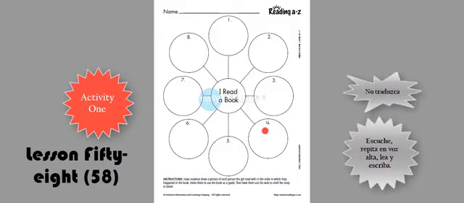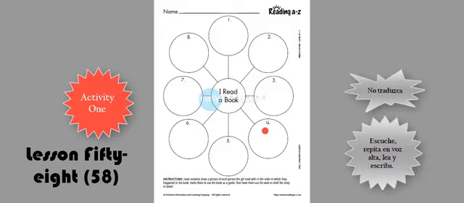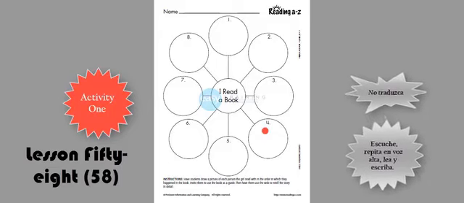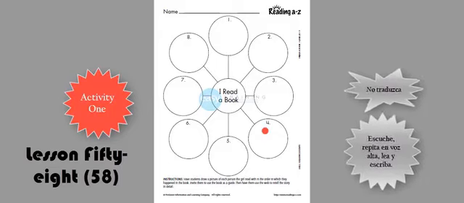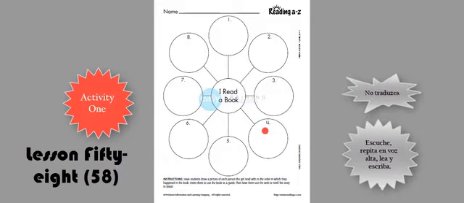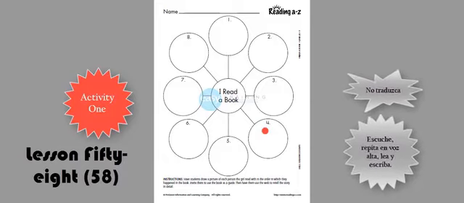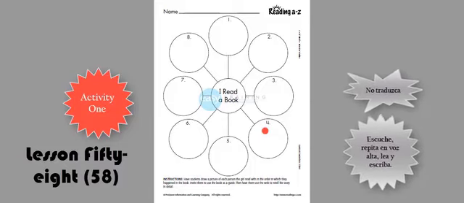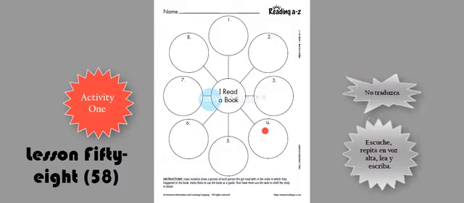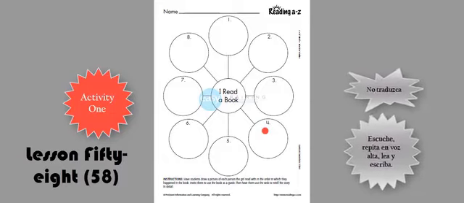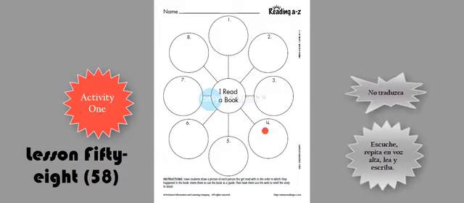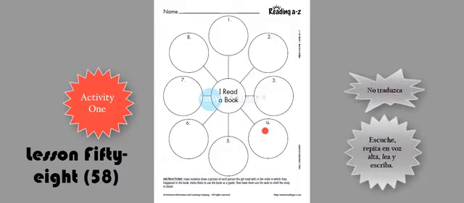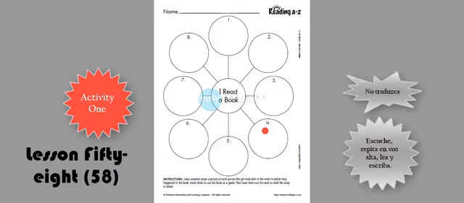Entonces va a mencionar los nombres en orden de las personas with whom the girl reads a book. Right? Puede escribirlos también y decir cosas como the girl reads a book with her mom. She reads a book with her dad, in the same order of the lesson. Let's do it.